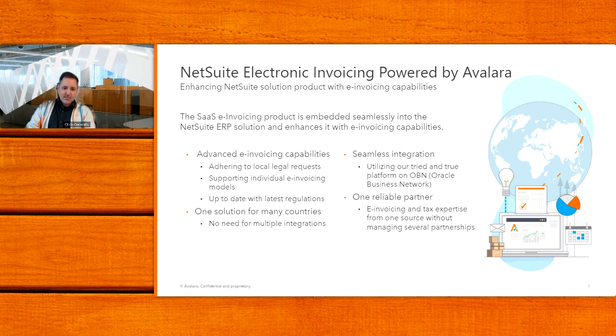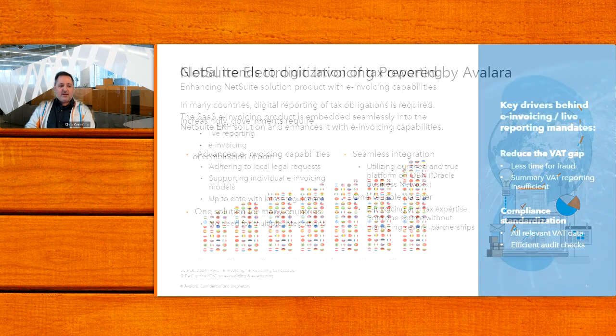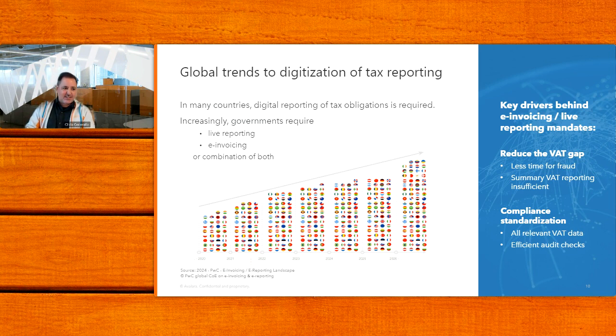So moving on, you've got to have an up and to the right slide, right? So this is that one. As you know, more and more governments around the world are turning to e-invoicing and live reporting as mandates. It's been moving in this direction for years.